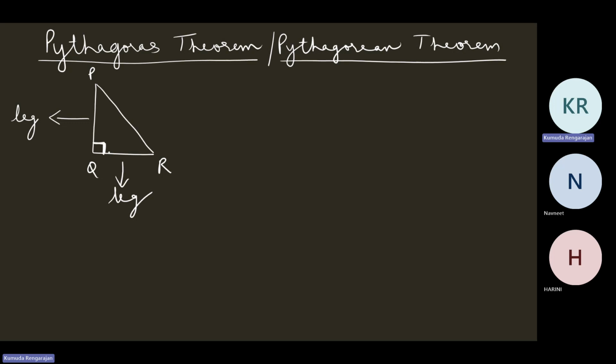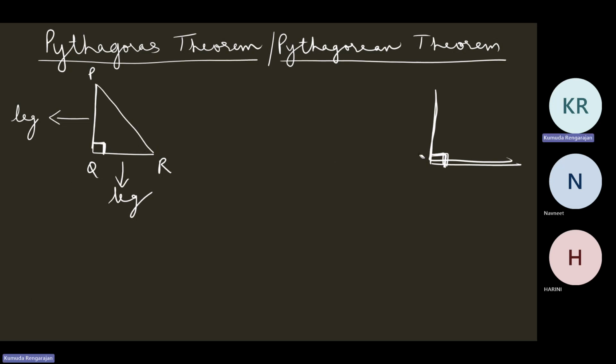PQR is a right angled triangle. These are the two sides containing the right angle. See, this side and this side, they contain the right angle. The sides containing the right angle are the arms of the right angle.